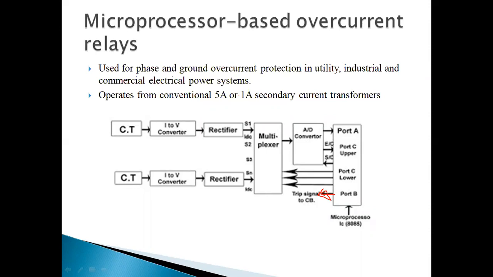It operates from conventional 5 ampere or 1 ampere secondary current transformers. So the CT secondary rating can be 1 ampere or 5 ampere. We can simply use a 200 by 1 ampere CT or a 400 by 5 ampere CT. So this is your microprocessor based overcurrent relay.